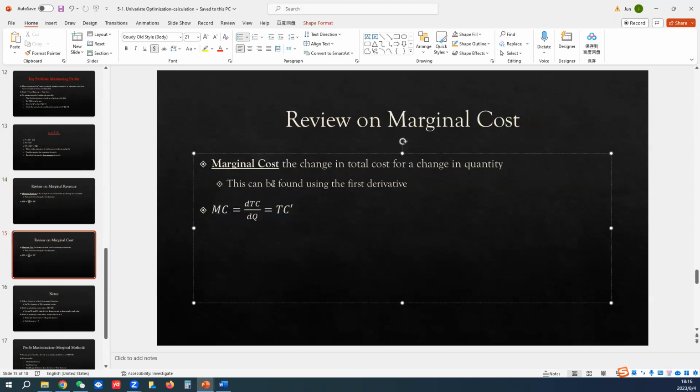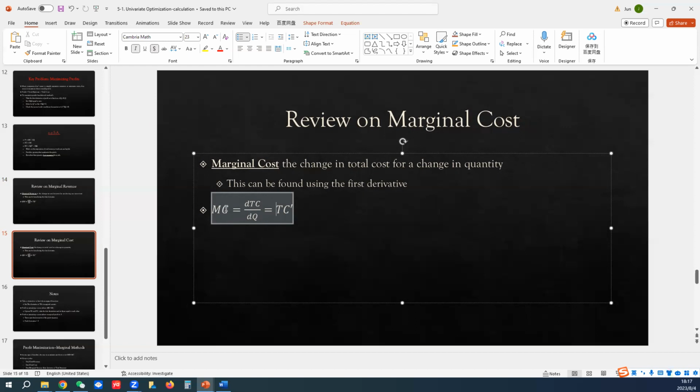Now for marginal cost, that is the change in total cost for an additional change in quantity, right? Again, if your total cost increased by 1,000 as you are producing 5 additional products, then each additional product that you're producing should on average give you 200-ish cost, right?